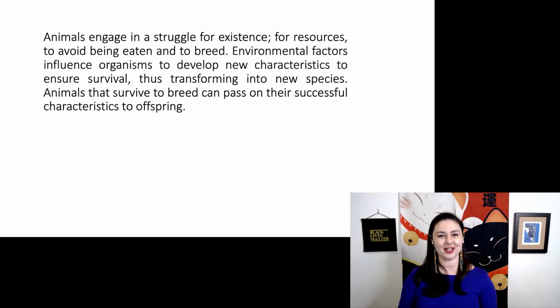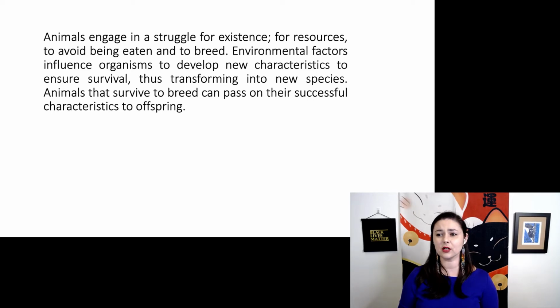Here is a really nice quote describing evolution. Animals engage in a struggle for existence, for resources, to avoid being eaten, and to breed. Environmental factors influence organisms to develop new characteristics to ensure survival, thus transforming into new species. Animals that survive to breed can pass on their successful characteristics to offspring. This is a pretty nice quote.